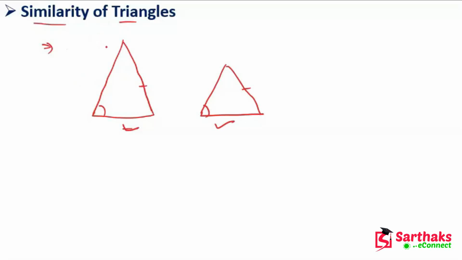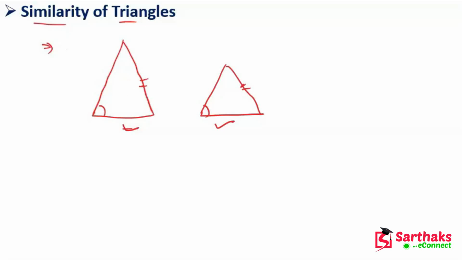They have the same ratio of the corresponding sides and equal pairs of corresponding angles. I hope you understand what similarity of triangles is, what similar figures are, and how we can define them.